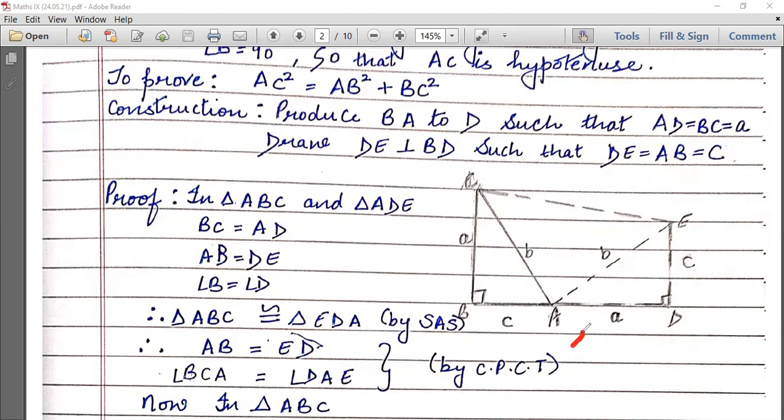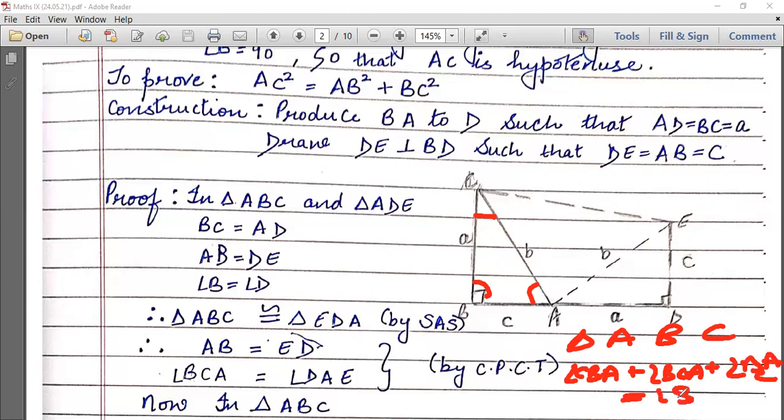Now, children, consider triangle ABC. Do you agree with me that the sum of all the three angles is equal to 180 degree? Okay, so children, you can say that angle CBA plus angle BCA plus angle BAC, the sum of all these three angles is equal to 180 degree.